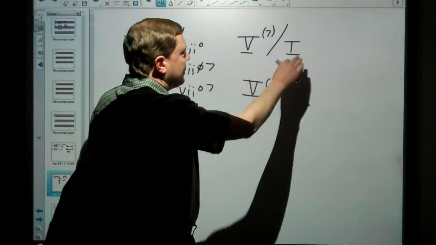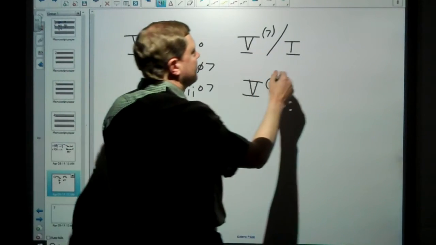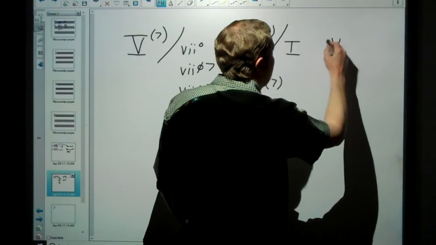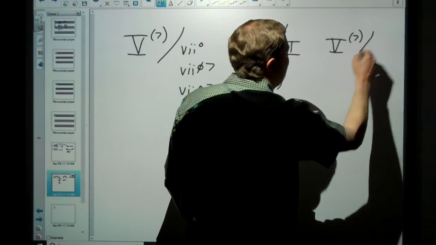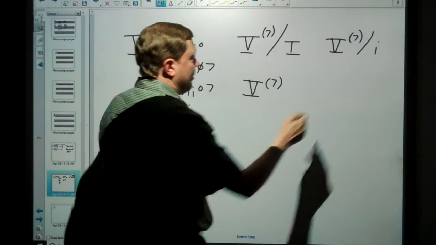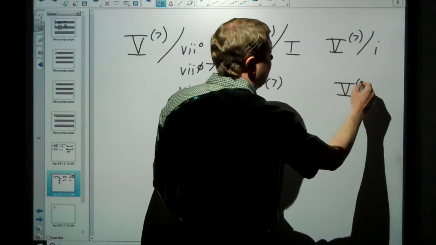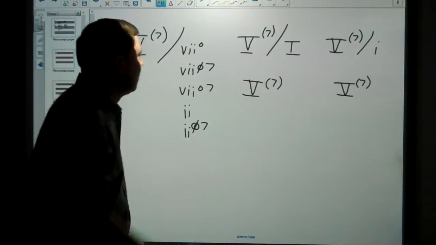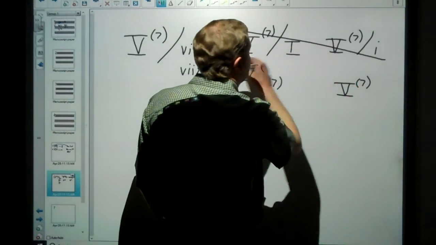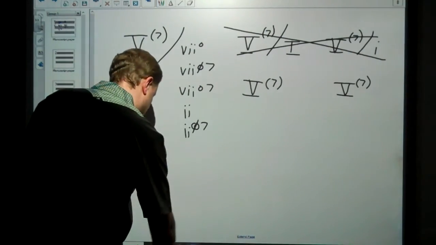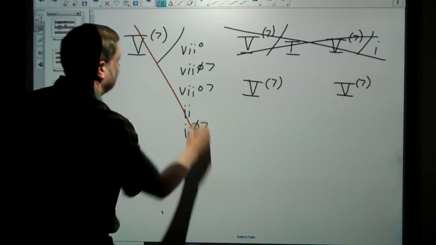So it doesn't even make sense to write this kind of analysis symbol, or even a 5 or 5, 7 of a minor 1. It doesn't make sense, because a 5 or 5, 7 of 1 is just regular 5 or 5, 7. So this would not be permitted, and neither would any of these be permitted.